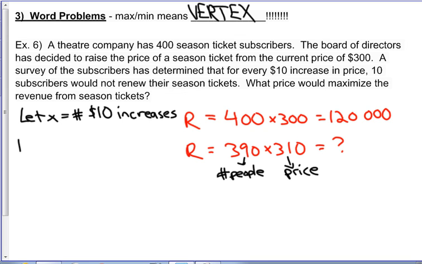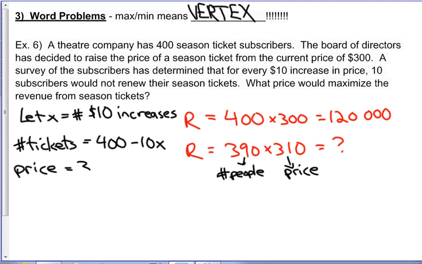So from that, the number of tickets that would get sold, well, right now there are 400, and for every increase, there'll be 10 fewer. The price rather, that's going to be $300 plus 10 times x. So the number of tickets and number of people are really the same thing. Okay, that makes sense. If x is 1, then we've raised the price $10 and we have exactly this scenario right here.